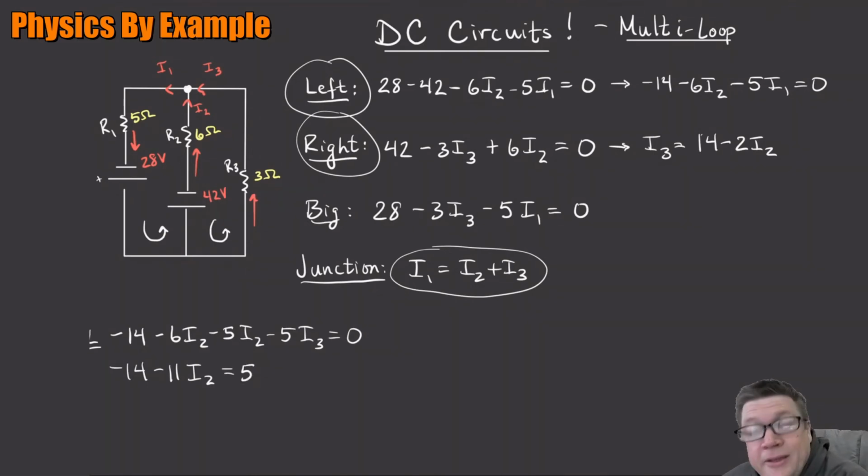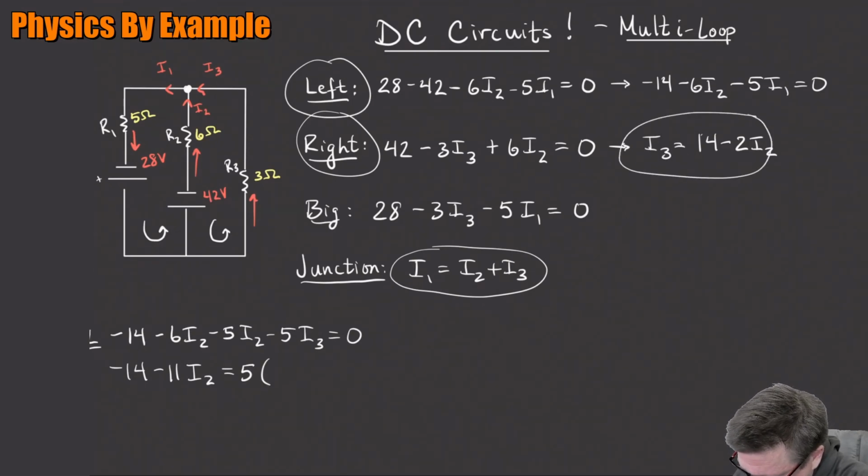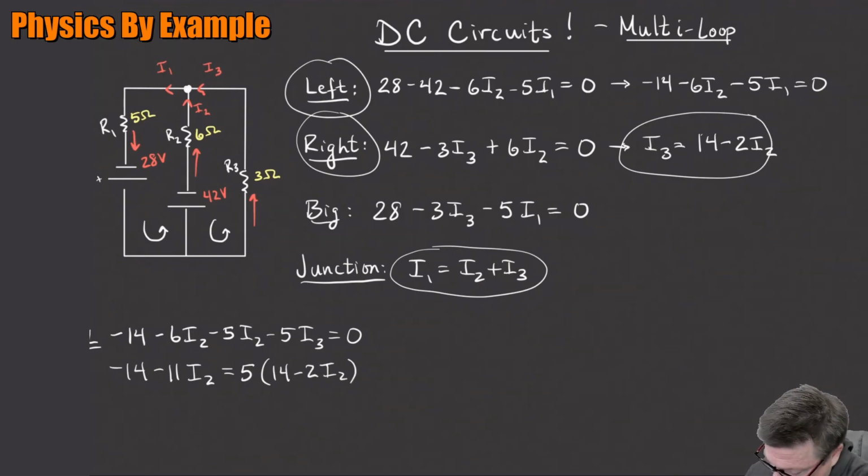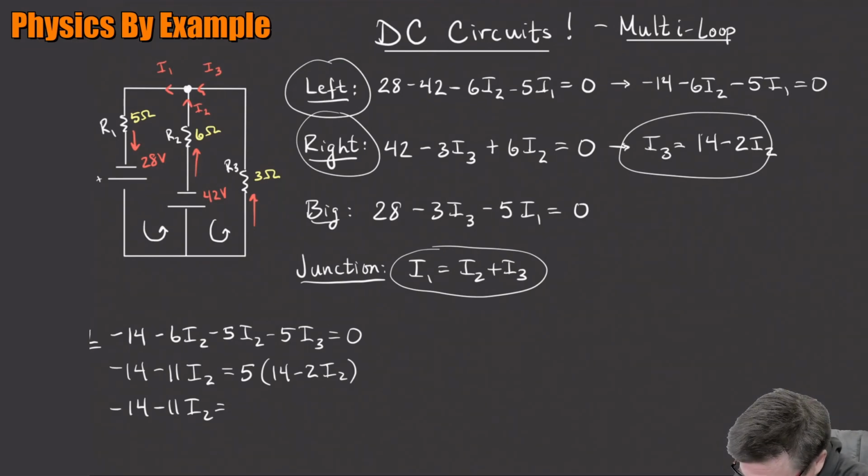And now I know what I3 is, right? I3 from here is going to be 14 minus 2 I2. So now I can figure out what I2 is. So I have minus 14 minus 11 I2 equals 5 times 14, 70. So I got 70 minus 10 I2.